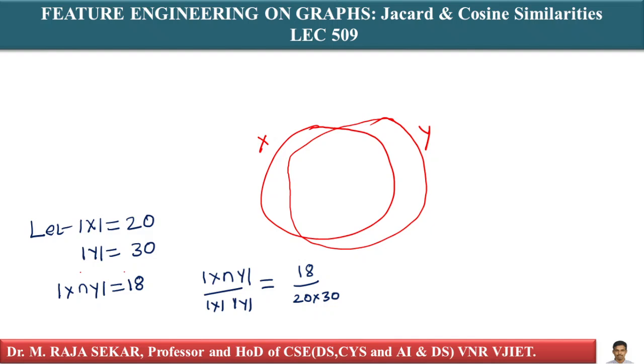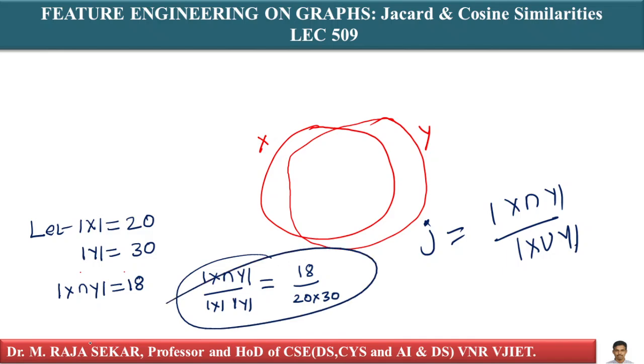This is cosine similarity. What about my JACCARD measure? This is the JACCARD measure: J equals the number of elements in x intersection y by the number of elements in x union y, isn't it?